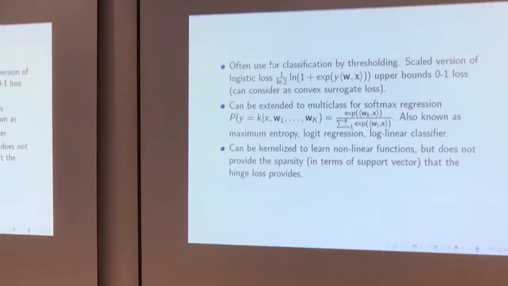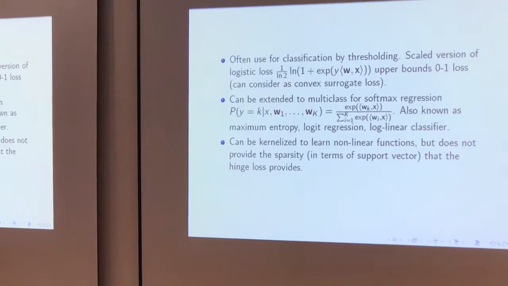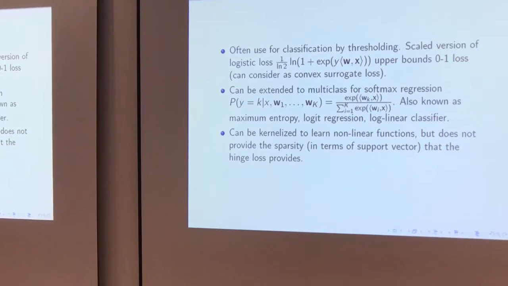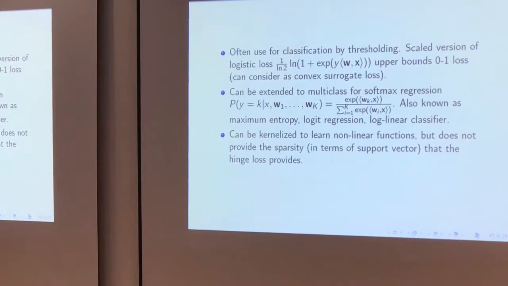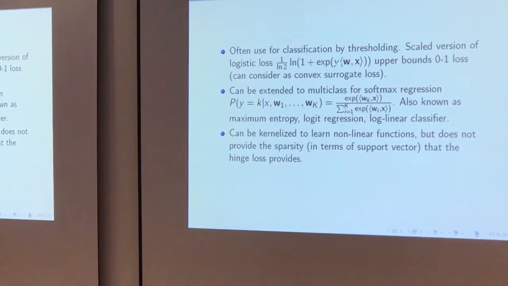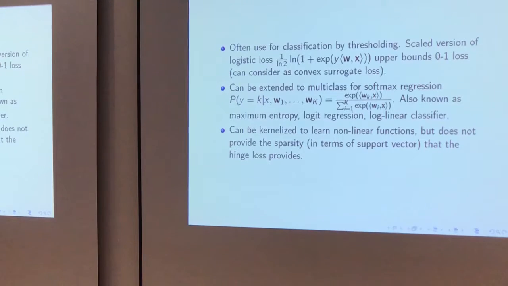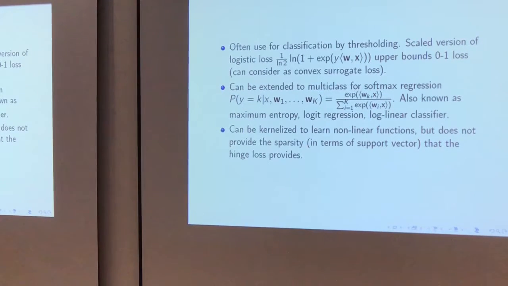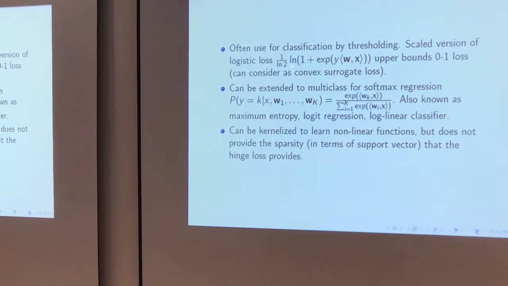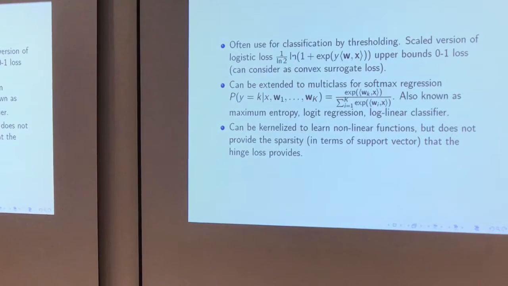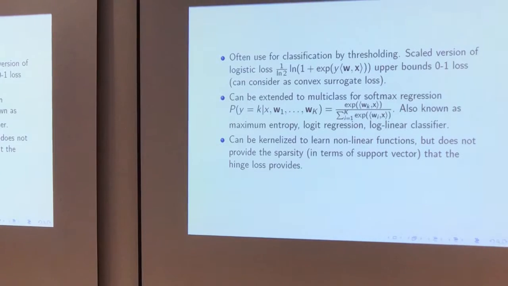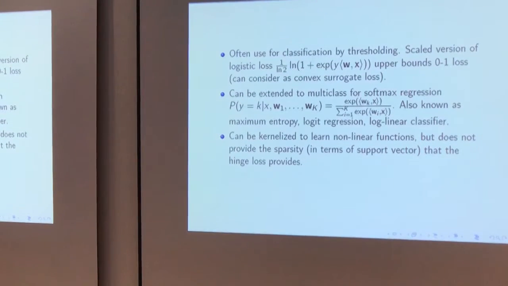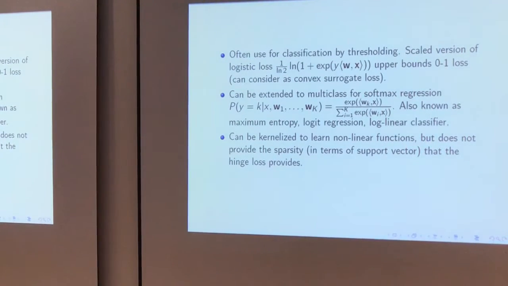People do logistic regression and often they're interested in classification, and you can just do thresholding. The logistic loss is convex, and if you scale it a little bit, with a constant, it upper bounds your 0,1 loss. As we've mentioned a few times, it's a convex surrogate loss.